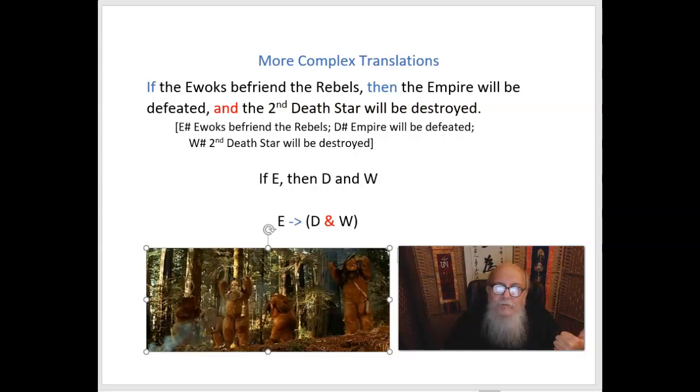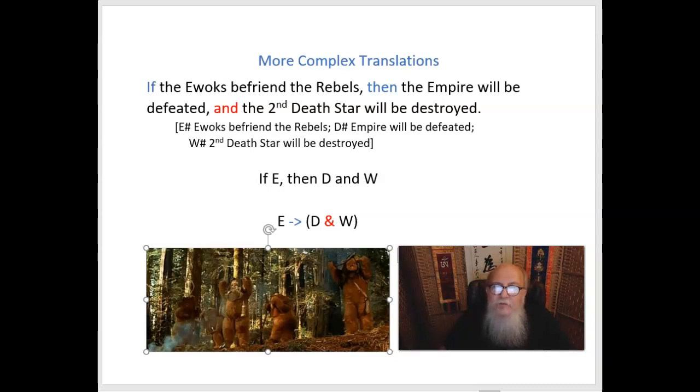Consider this proposition, where someone is obviously thinking about a well-known incident in history when the rebels went to try to destroy the second Death Star, and they ended up on the moon of Endor, right? And there they faced this situation.